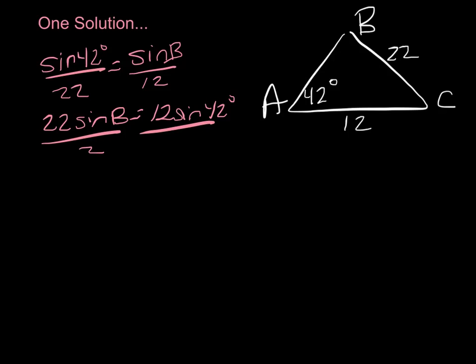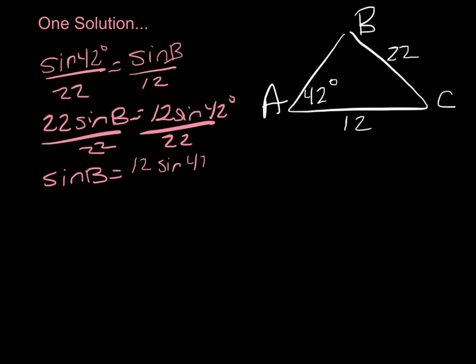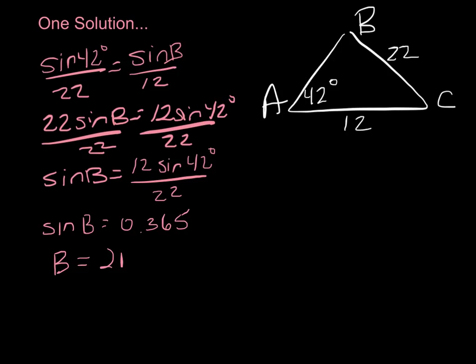We're going to divide both sides by 22, and we get sine B equals 12 sine 42 over 22. I'm going to put that in my calculator. And we're going to get something around 0.365. Now, solving for B, we'll get about 21.4 degrees. So we definitely have one solution where this angle is 21.4 degrees.